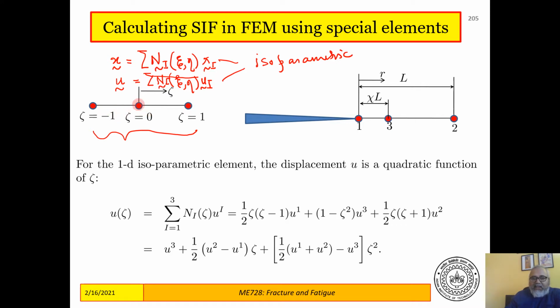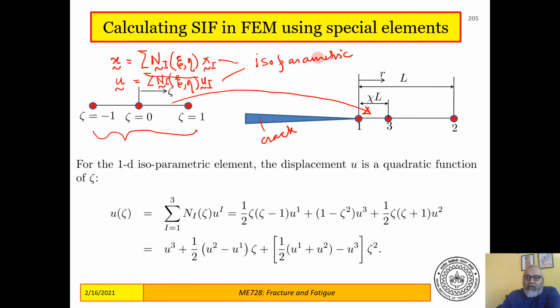So this element is mapped into a physical element, let's say at the tip of a crack. So this is your crack, and it is mapped into a physical element where nodes 1 and 2 are the end nodes, and node 3 does not lie exactly at the center but is shifted slightly towards node 1.